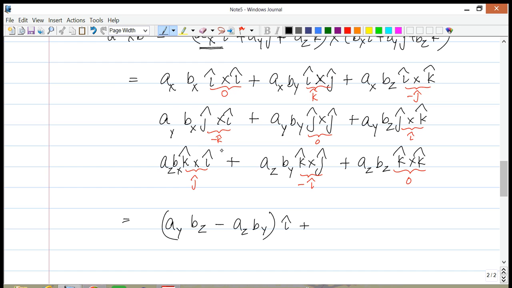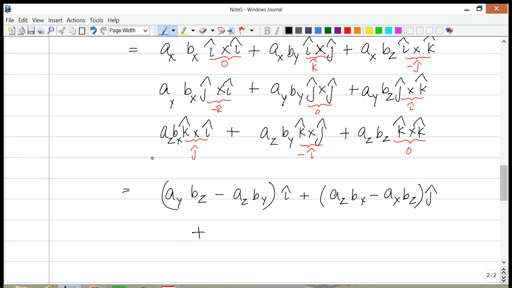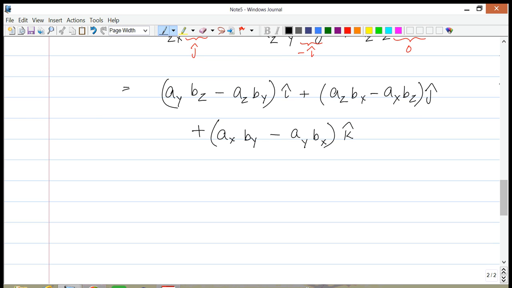Then let's do the same for the J component, and I get (AZ BX minus AX BZ) times J, plus the last term, which is (AX BY minus AY BX) times K hat. So we have our entire product here. This is nothing but the product of A cross B.